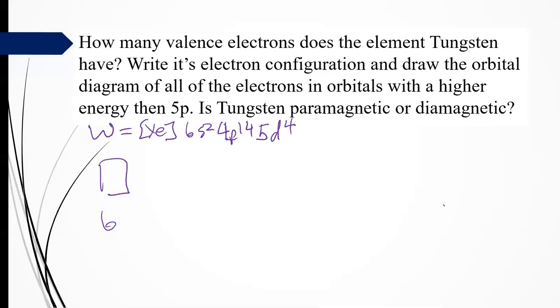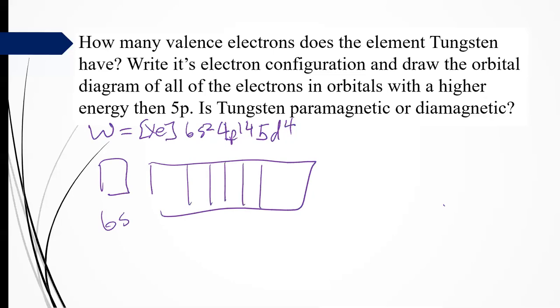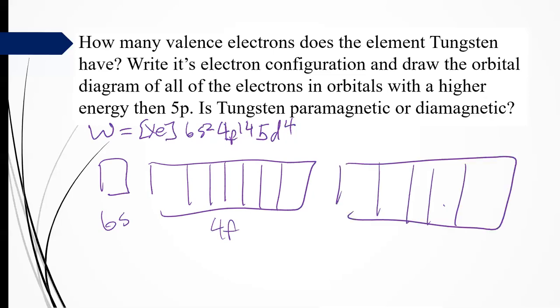So that becomes 6s, 4f, 5d. So we should have 1, 2, 1, 2, 3, 4, 5, 6, 7 in the 4f. And then our 5d is 1, 2, 3, 4.